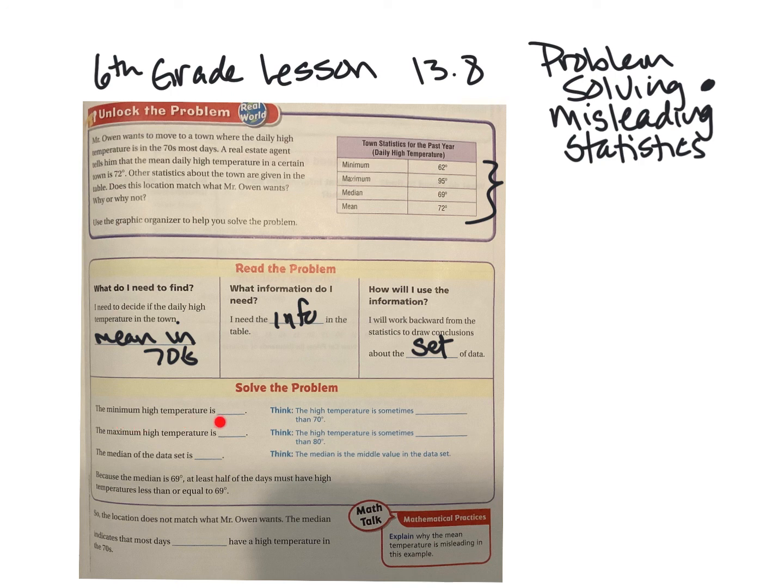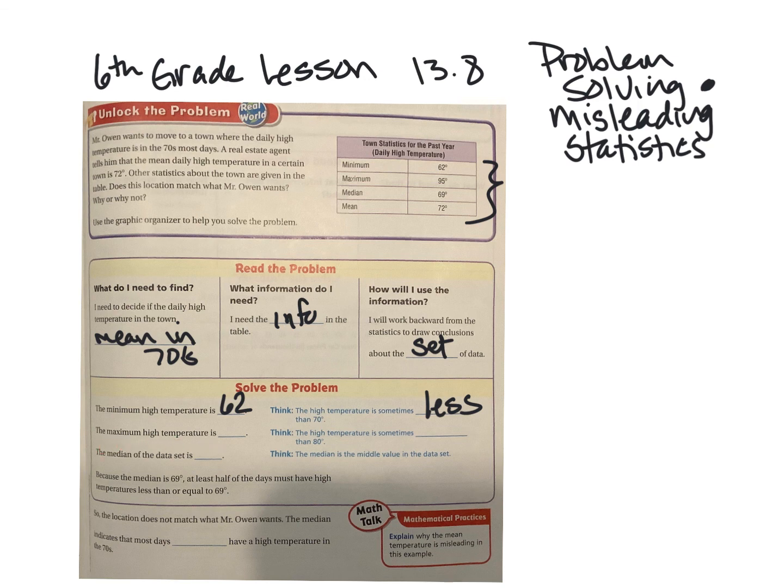We have the minimum high temperature of 62. That's a little cold for Mr. Owen. He wants it to be in the 70s, between 70 and 79. Nice, perfect weather, right? So they want us to think the high temperature is sometimes less than 70. If it's 62, that's less than what he wanted.